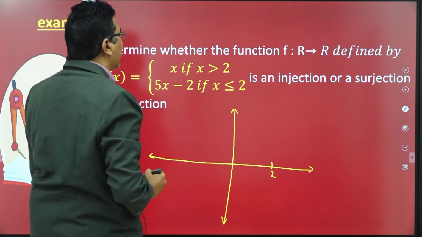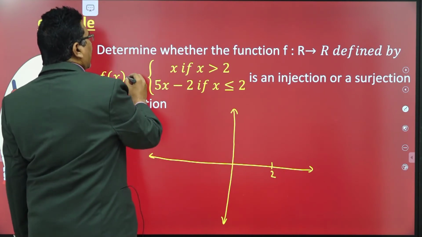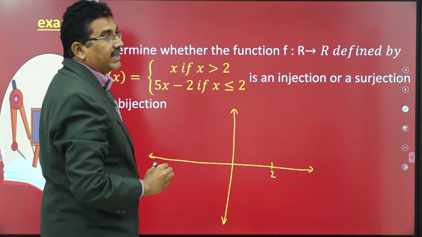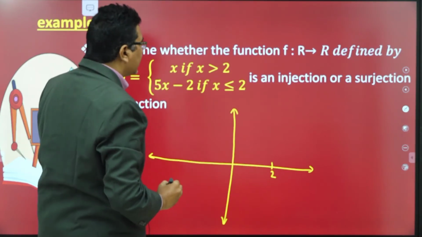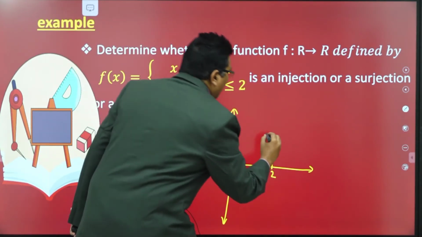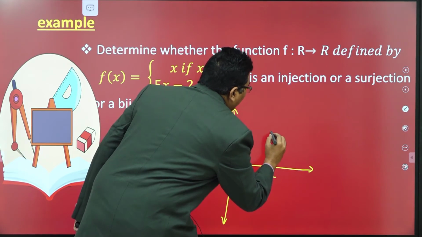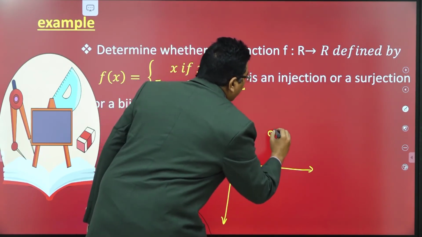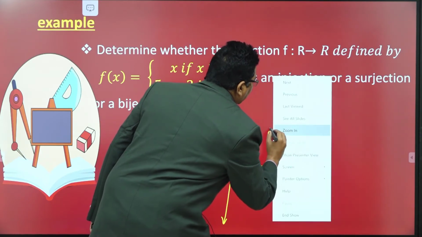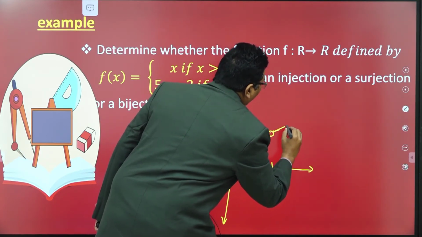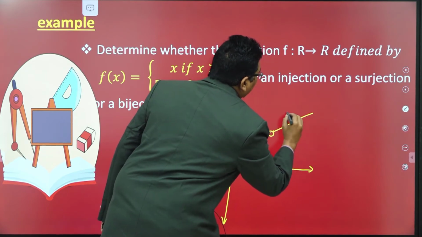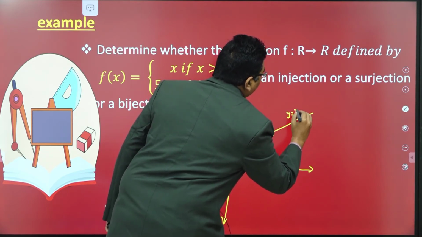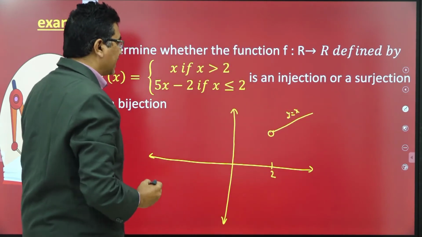If x is greater than 2, f of x equals x, that is y is equal to x. The graph of this function for x greater than 2 is a straight line, y is equal to x.